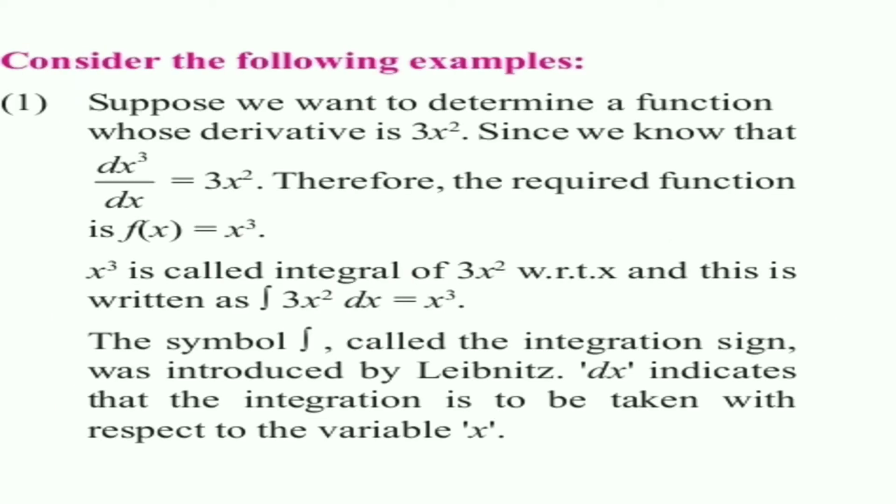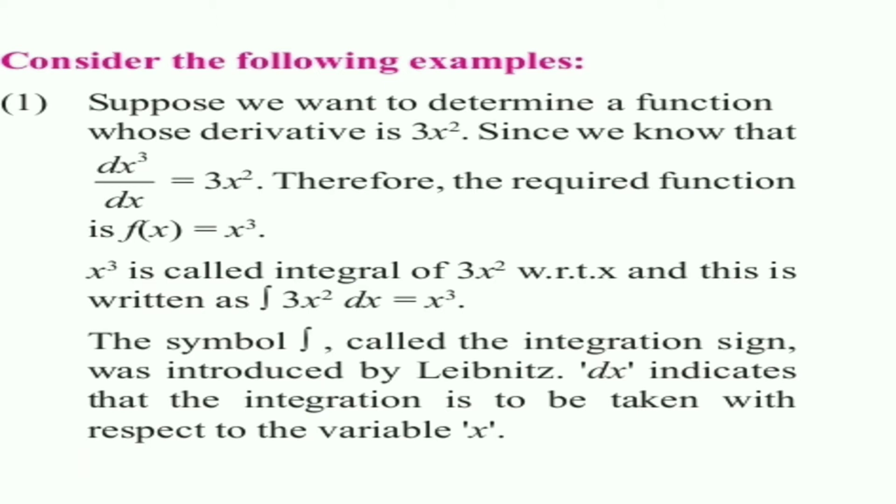Consider the following example. Suppose we want to determine a function whose derivative is 3x square. Since we know that d of x cube upon dx equals 3x square, therefore the required function is f of x equals x cube.